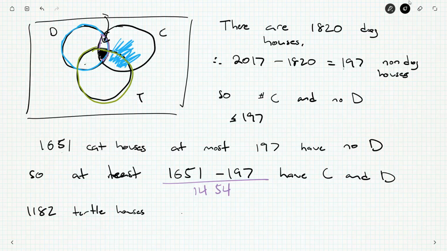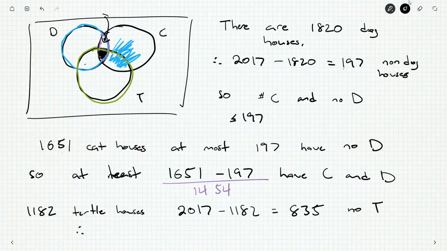Anyway, so we have 1182 turtle houses here. So we have 2017 minus 1182, which is 835. So these are 835 non-turtle houses.